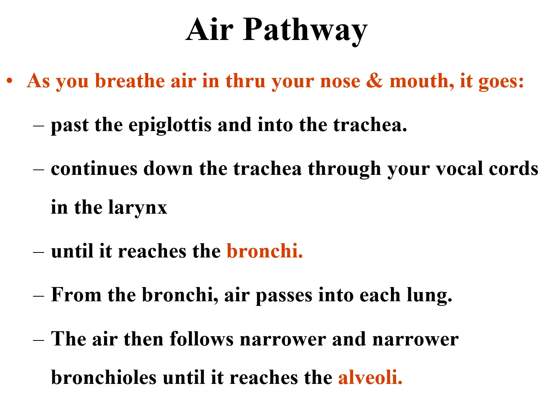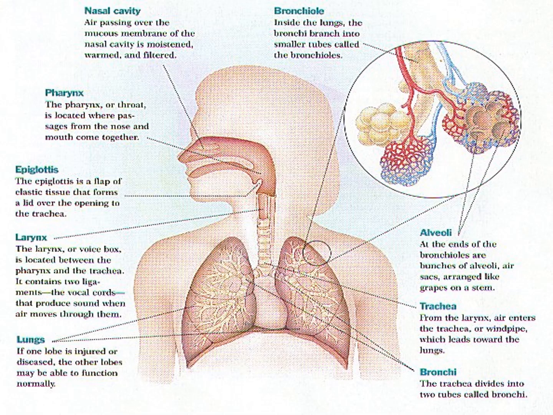From the bronchi, where we see a bifurcation, air then passes into each respective lung, the left and right primary main stem bronchi. Air then follows narrower and even narrower bronchioles until it reaches that terminal structure that we know of as the alveoli, where gas exchange takes place.